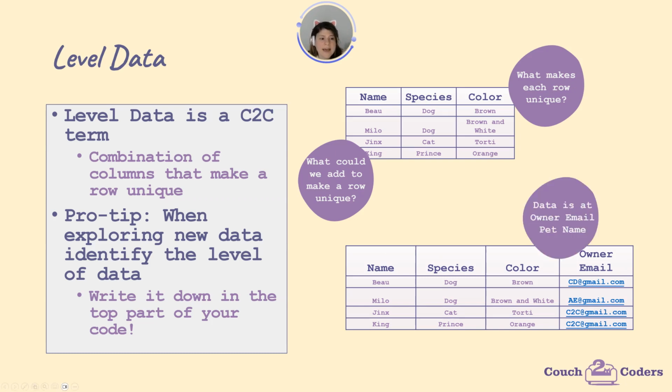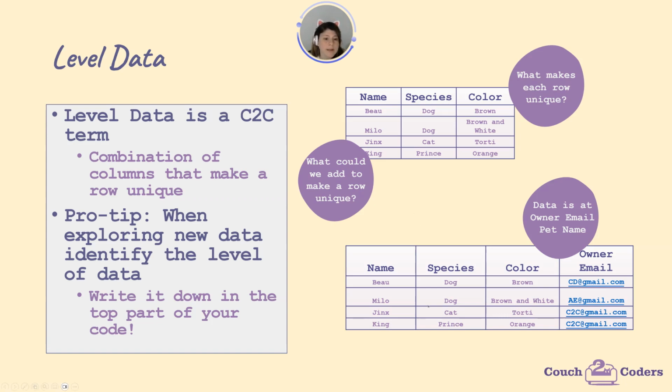I would say that it's reasonable to assume that the email and the pet name would make each row unique. There is a possibility that someone has two pets with the same name. It's possible someone has a cat named Kitty and a dog named Kitty also. It's unlikely, but I guess it is theoretically possible.